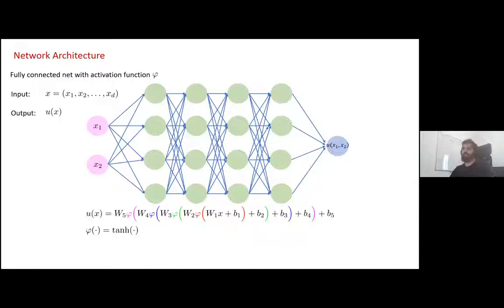We can actually find this differential operator with respect to the inputs. The second thing to notice is we use a tanh activation function. This is very important because we want our solution to be analytical. So using ReLU or leaky ReLU or other things that are very common in this field is less suitable here.